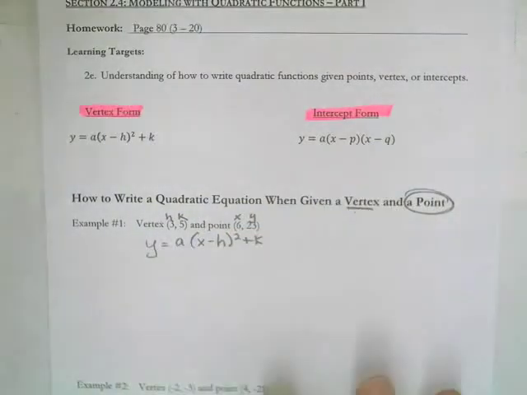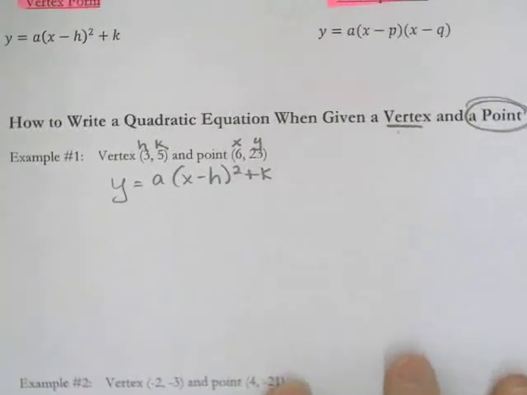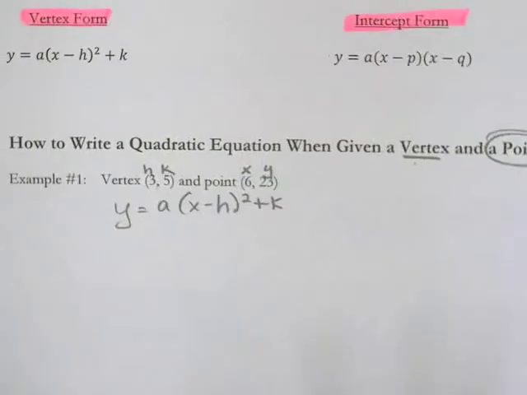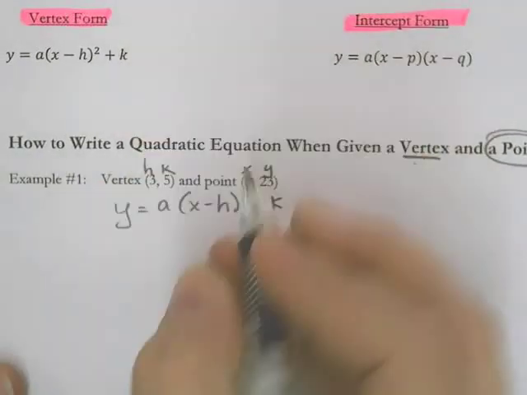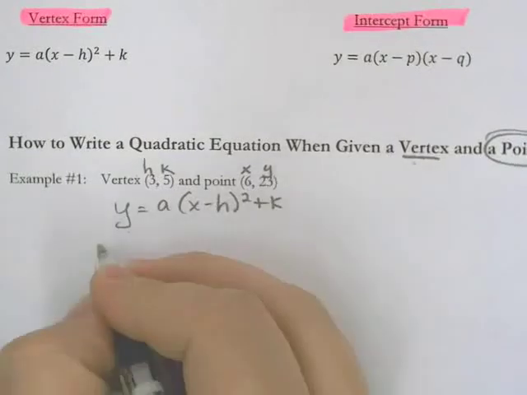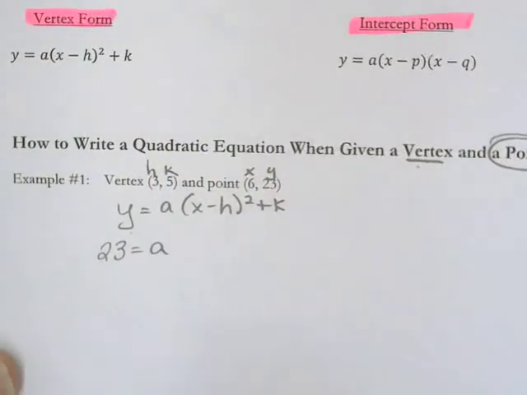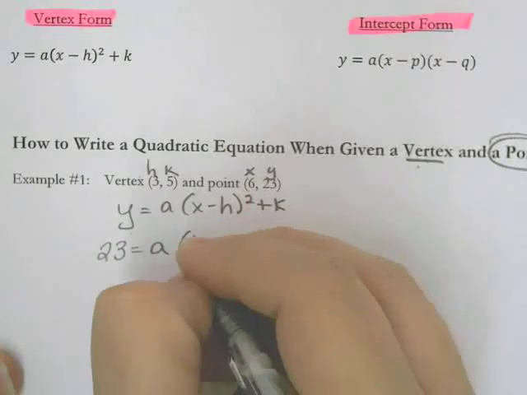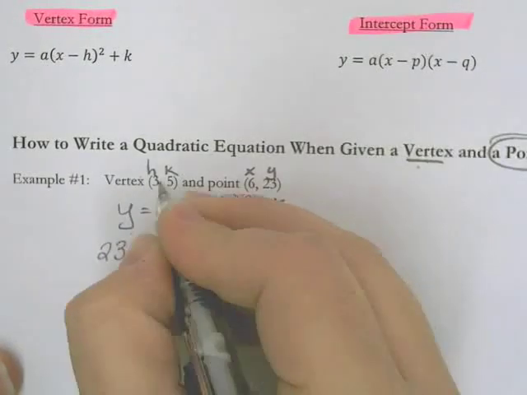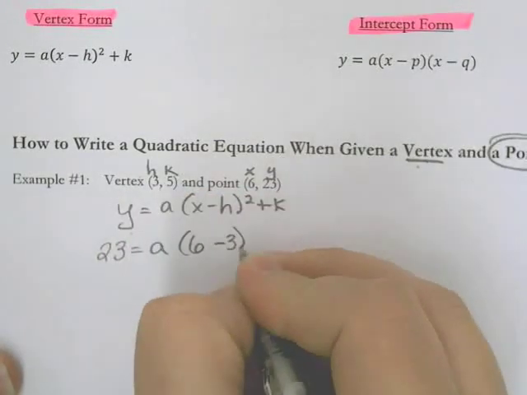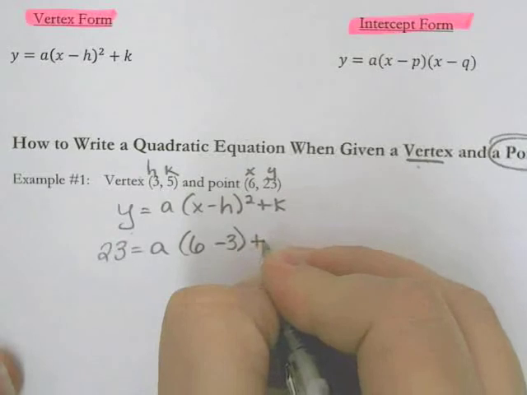So what I'm going to do is I'm going to plug those things in. That looks like an N, but it's an H. So my y value is 23. I don't know a, so I'm going to leave it there. My x value is 6 minus my h value of 3 plus my k value of 5.